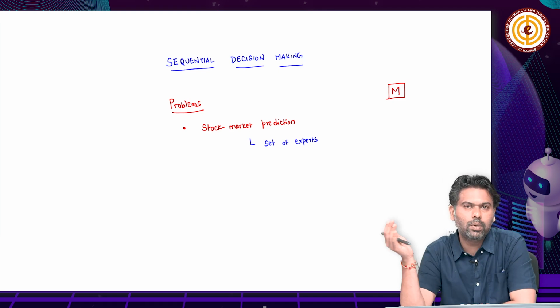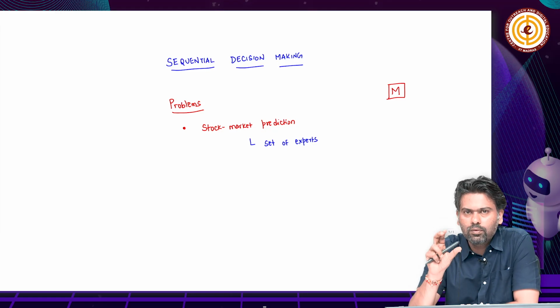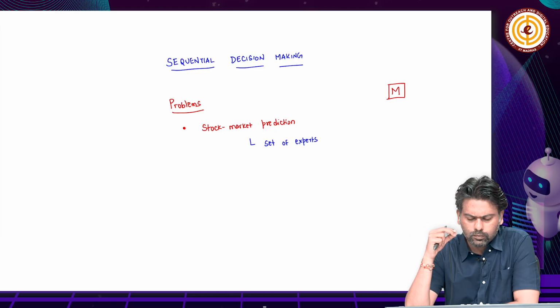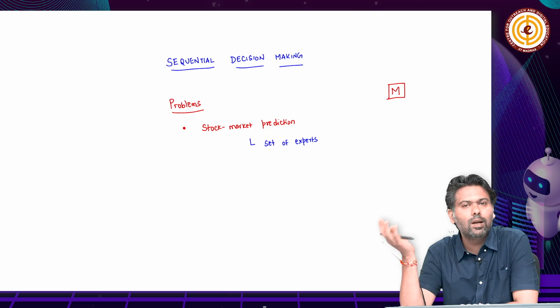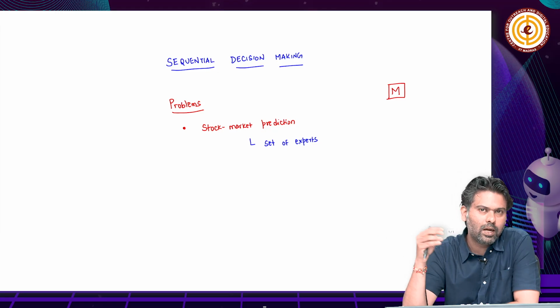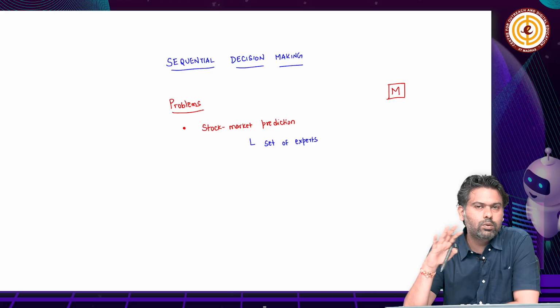How exactly it will depend, etc., we will talk about later, but somehow you are getting the information from the experts, and then based on that you are making a decision. Now you are going to be judged for the decision that you made, because if you decide to invest and if the stock market goes down, then that's a bad decision, and there are other possibilities that we already spoke about. Now this is the setup.